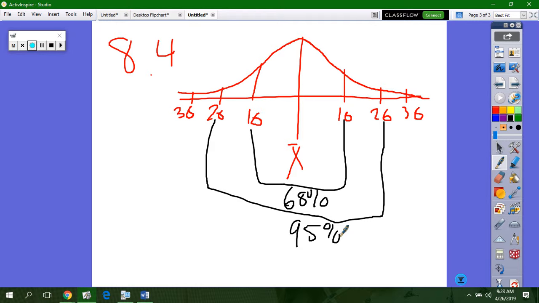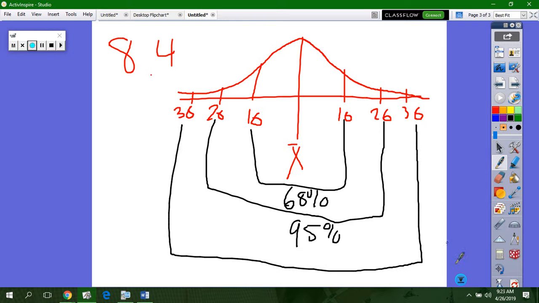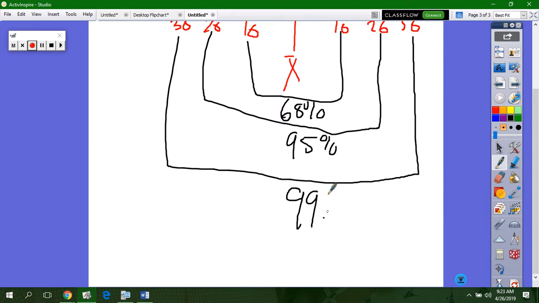So is that really that far off? No. Make sense? 3 standard deviations though, here's the kicker, this is usually the one: 99.7% of your data falls within 3 standard deviations. So that's why most of the time you're going to be within 3 standard deviations of the mean. It's because 99.7%.